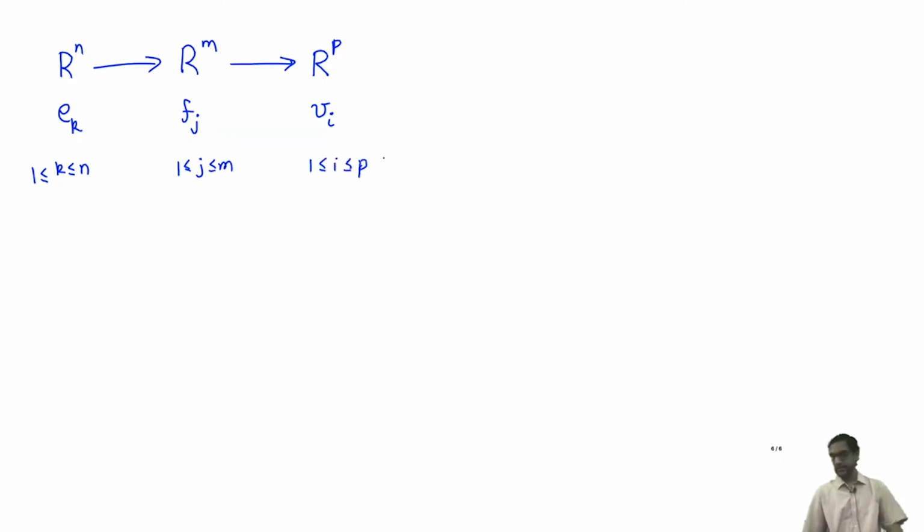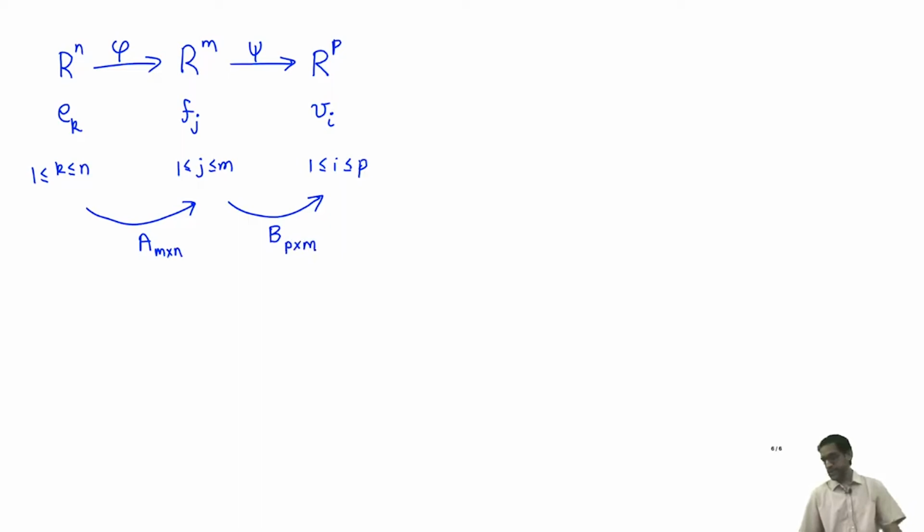I take three bases, and now I have two homomorphisms phi and psi. Each homomorphism is determined by the knowledge of an appropriate matrix, right? Suppose I call the corresponding matrices A and B. A will be m cross n and B will be p cross m.